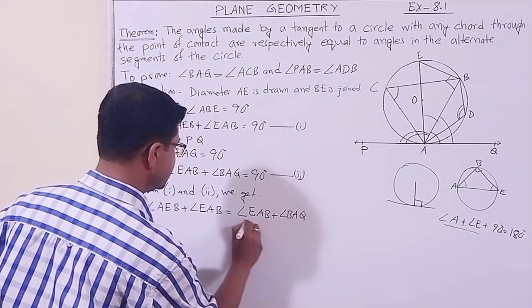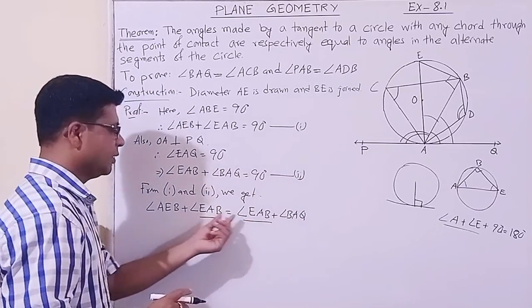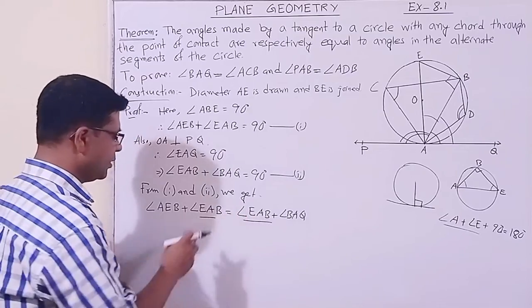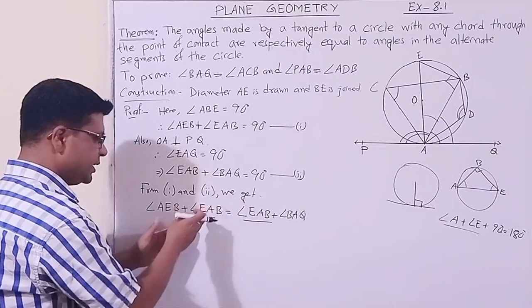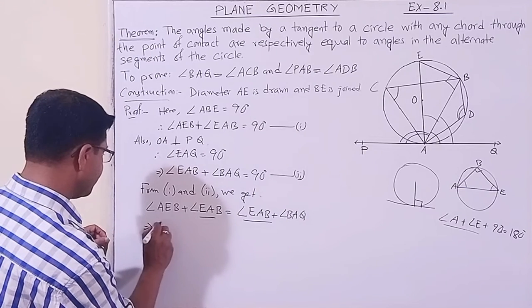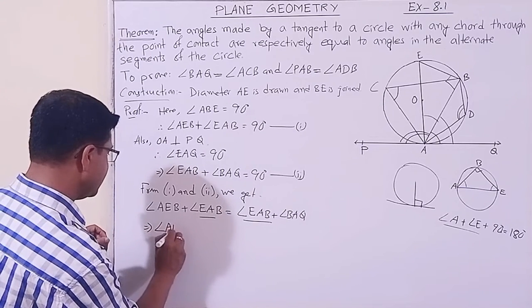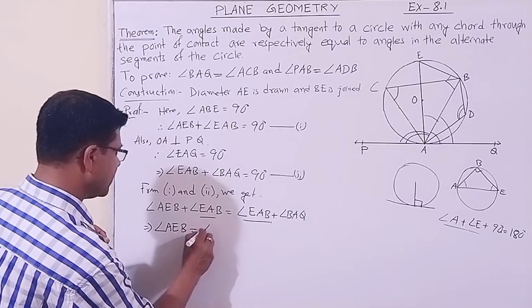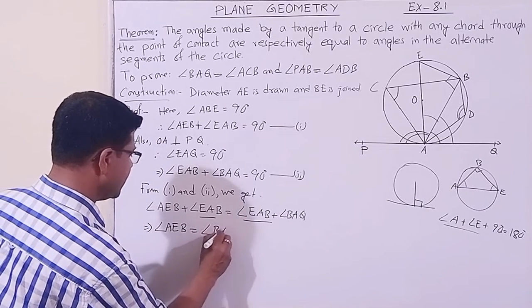Now dear students, you can see that this is on both the sides, so let us remove them, or you can say that let us bring it to this side, this and its minus will get cancelled. Angle AEB is equal to angle BAQ.